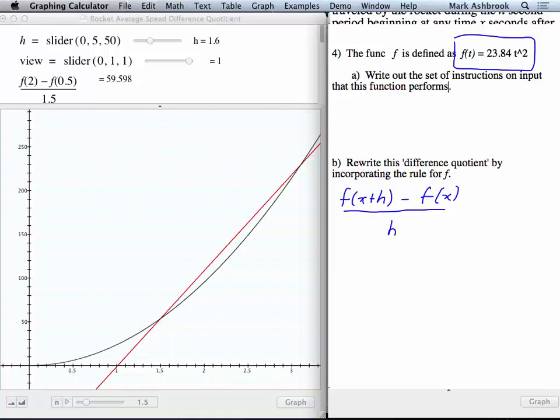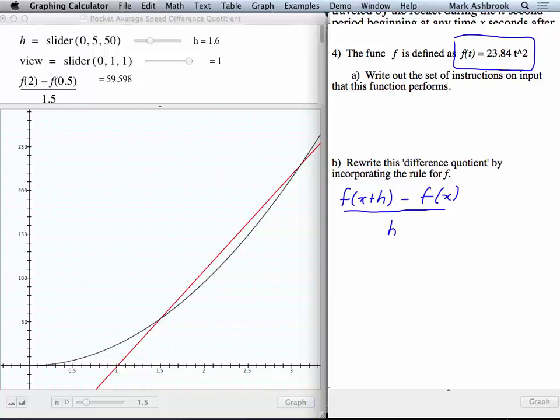So, Aaron, you were talking about the wording. What wording was confusing? Are you better now? So the rule is the set of instructions, right? Okay, so we're just looking at the f of x plus h.